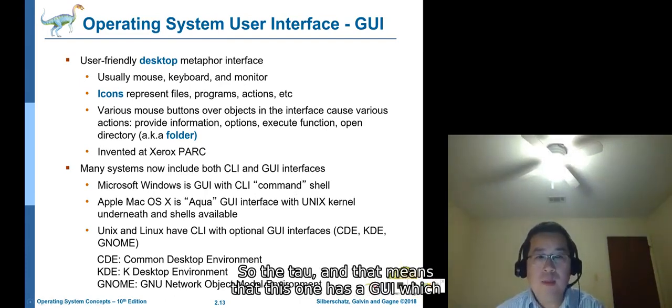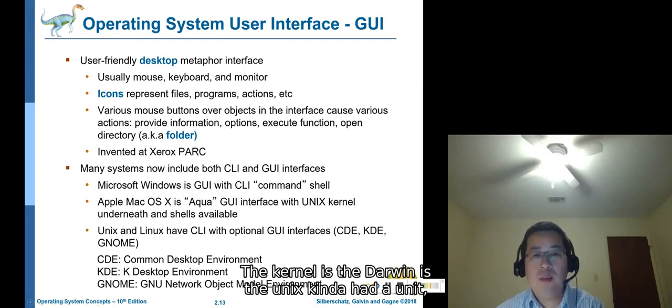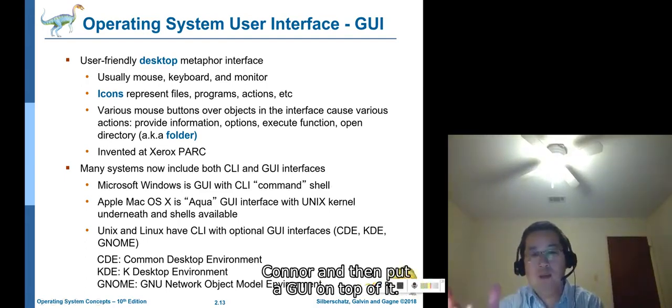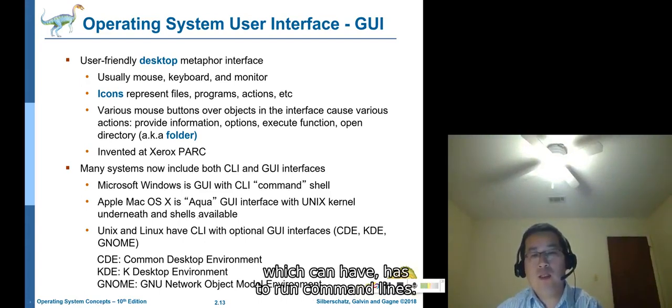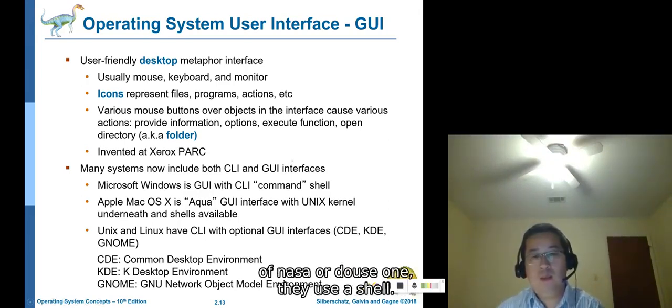So this one has the GUI which is Aqua, but the kernel is the Darwin, the Unix kernel, right? We use Unix kernel and then put Aqua GUI on top of it, but also provide a shell. Provide shells which can help us to run command lines. So rather than just use a command line operating system like DOS, they use a shell.